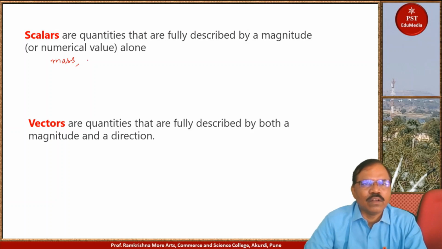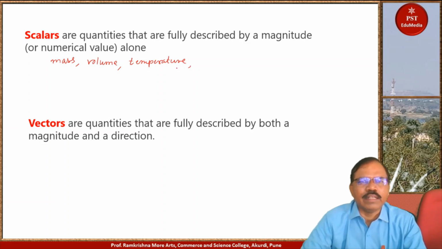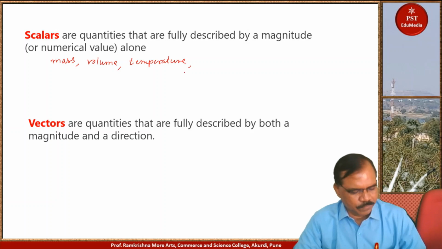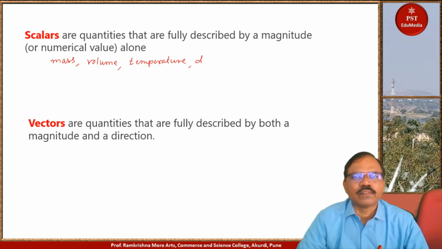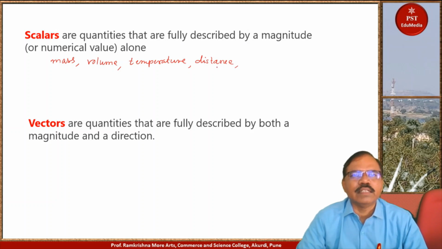Then volume is a scalar quantity. Temperature is a scalar quantity. Then we can have distance, which is a scalar quantity.